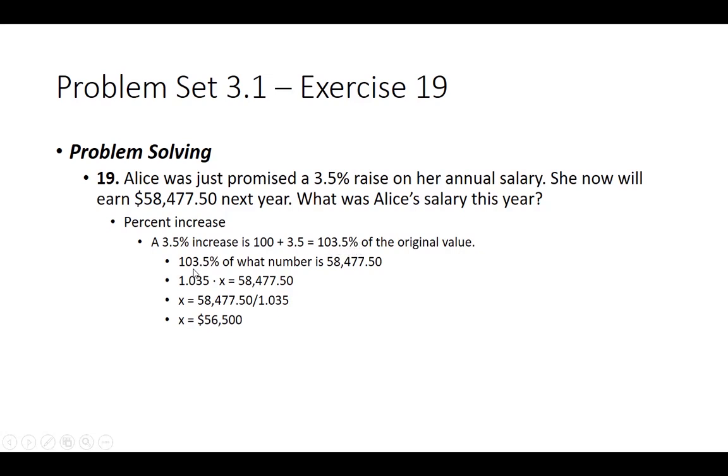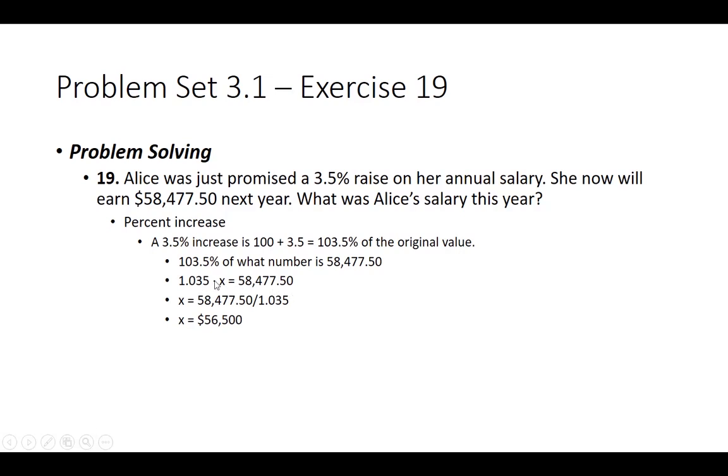So 103.5% of what number is 58,477.50? Of becomes multiplication, is becomes equals, 103.5% becomes 1.035. We have 1.035 times X equals 58,477.5.